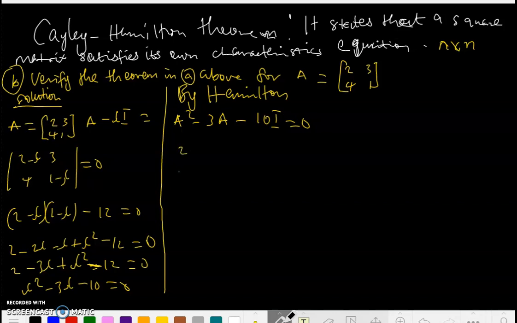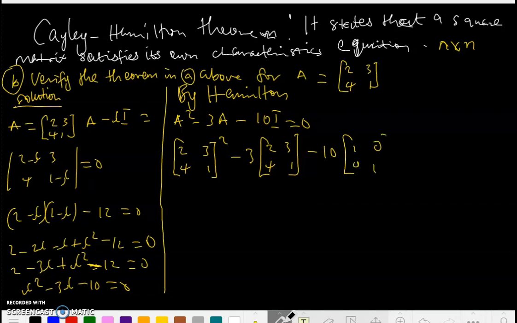A is 2, 3, 4, 1. We square this matrix, minus 3A, which is 3 times 2, 3, 4, 1, minus 10I, and 10I is simply 10 times the identity matrix.